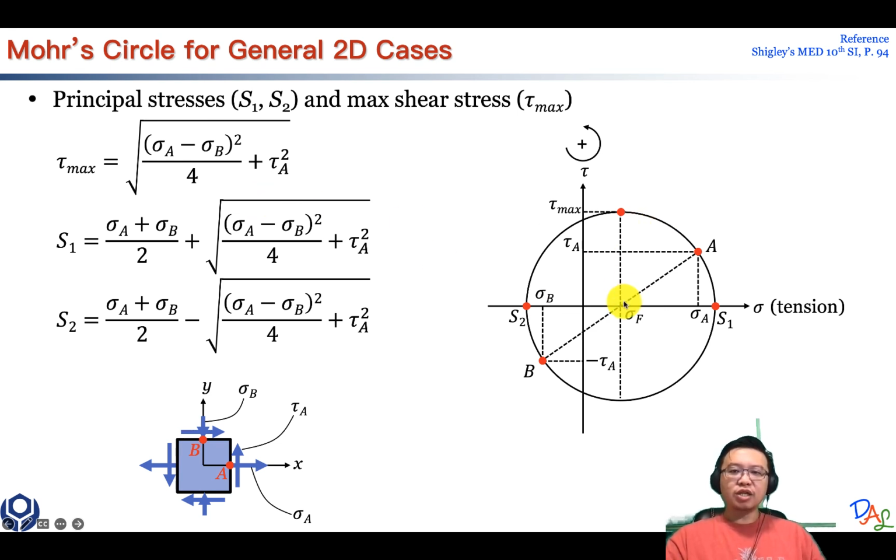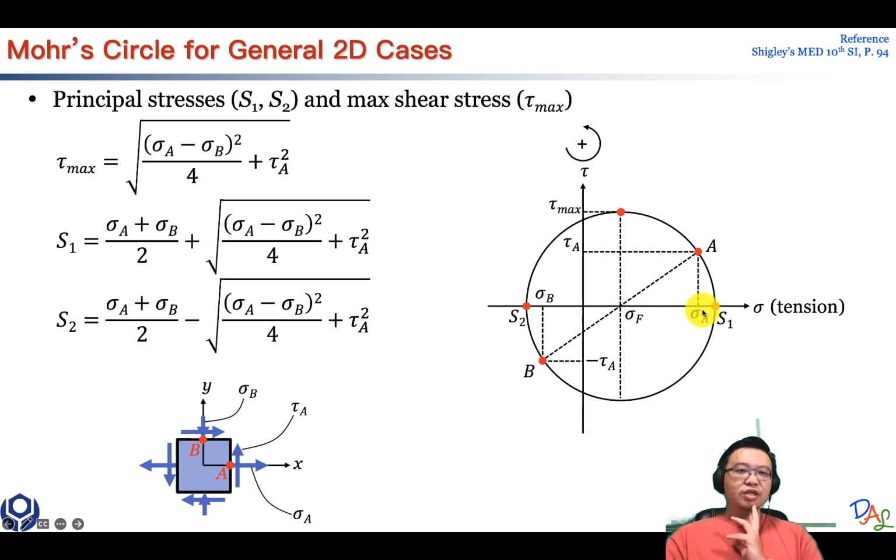For tau max, we are still calculating the radius of the circle. So this radius equals the square root of the height right here, tau A squared, plus the horizontal part right here. How do you calculate this part? This is basically half of sigma A minus sigma B. From sigma A minus sigma B, you have the total length, and half of it is right here.